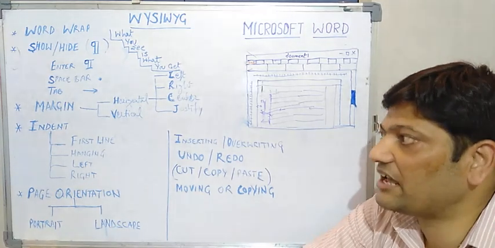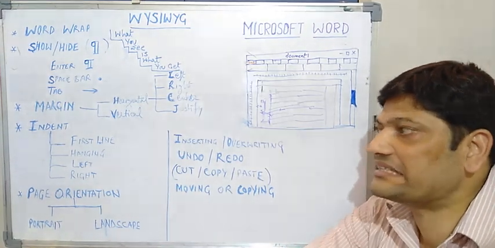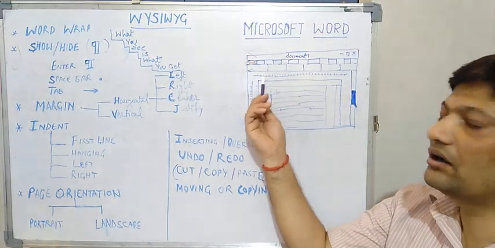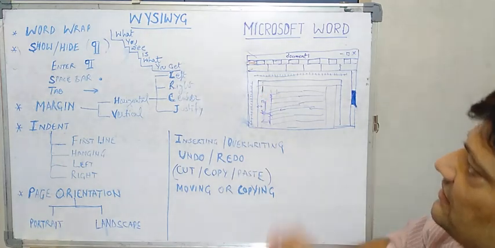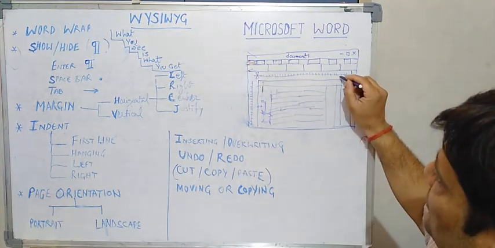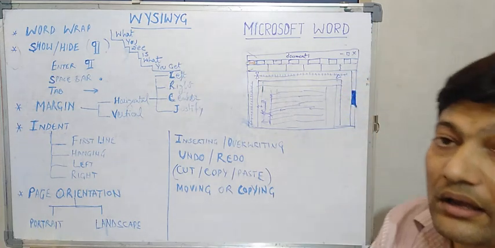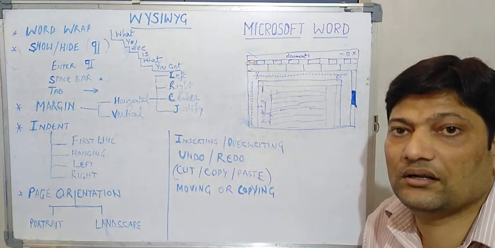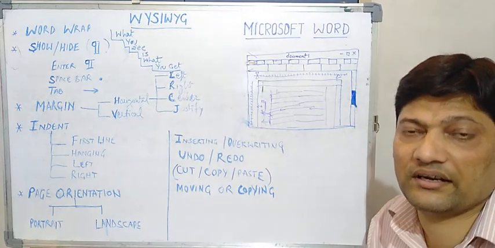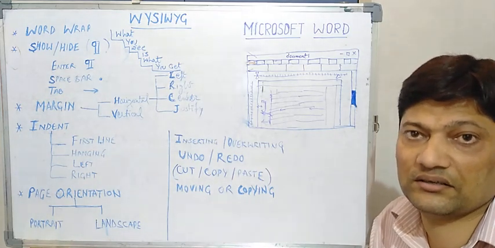So these are the 4 types of indents, and you can set these indents from the ruler bar. On the ruler bar you will find certain buttons, and by dragging these buttons you can create hanging indent, left indent, right indent, first line indent.